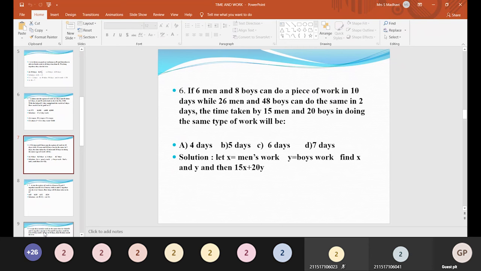And the second equation is 26x plus 48y, which is equal to 1 by 2.